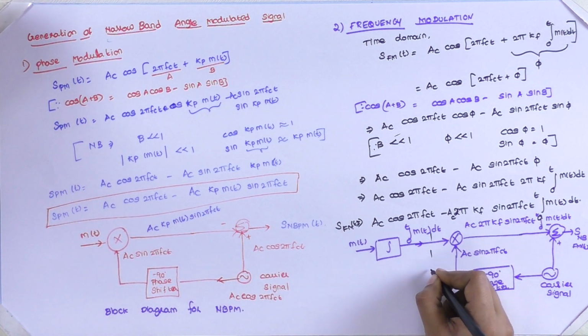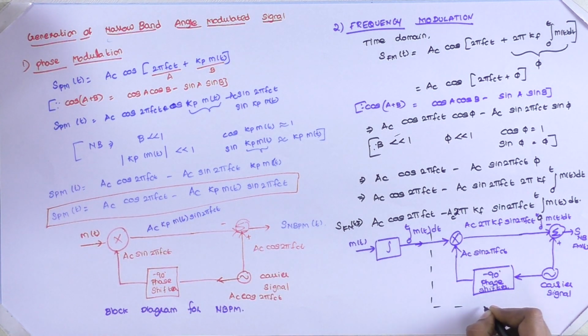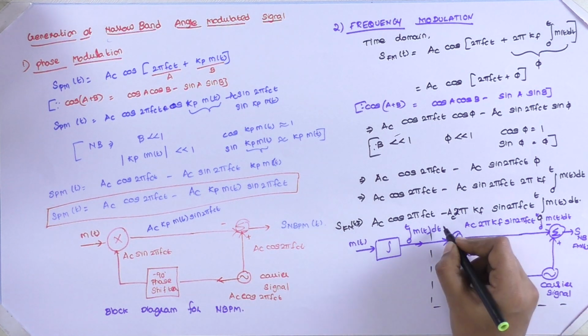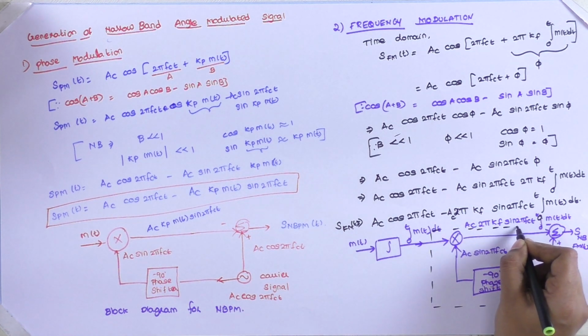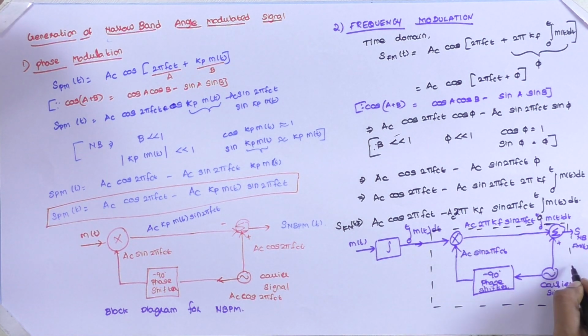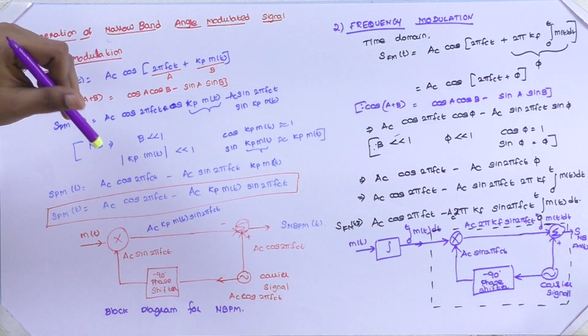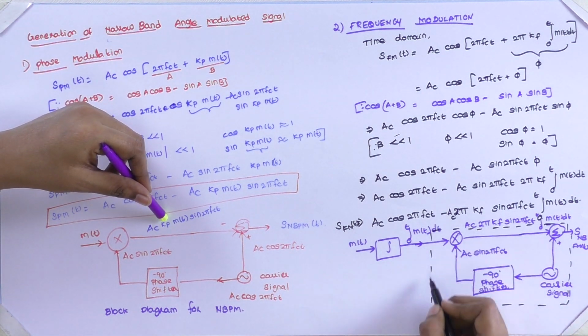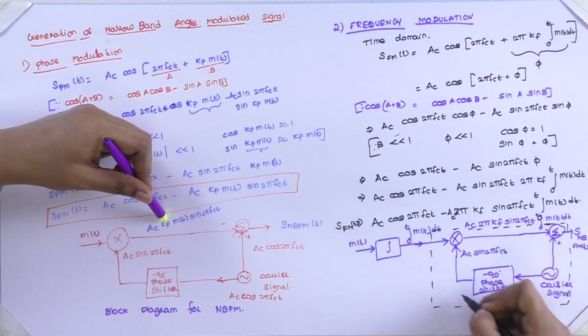This part, have we seen this part somewhere else? Just now we derived the block diagram for phase modulation. So this part can be effectively replaced by the phase modulator.